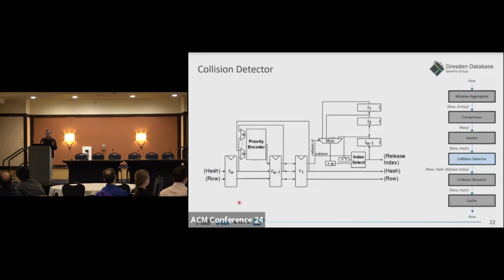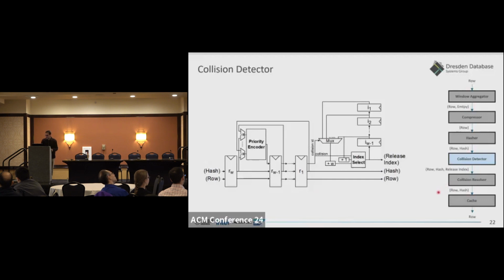If there is no such row, then the release index of this last row becomes the release index of the row that came before it plus 1, because there's no collision. If there is a colliding row, then the release index of the last row becomes the release index of the colliding row plus W. This makes sure that they are W rows apart, and so they won't be in the same window anymore. Now the collision resolver, the next module, is also quite trivial.